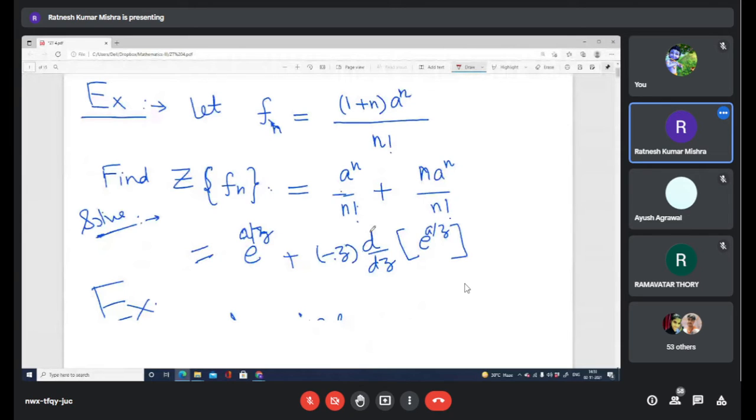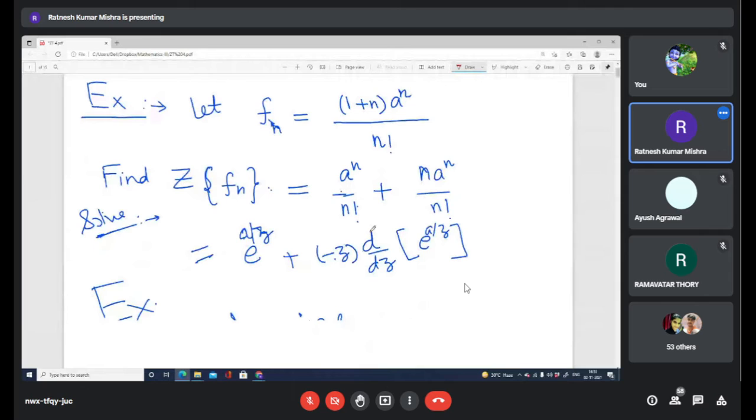If you substitute both values, z by z minus p and z by z minus q, this is z square over z minus p into z minus q.